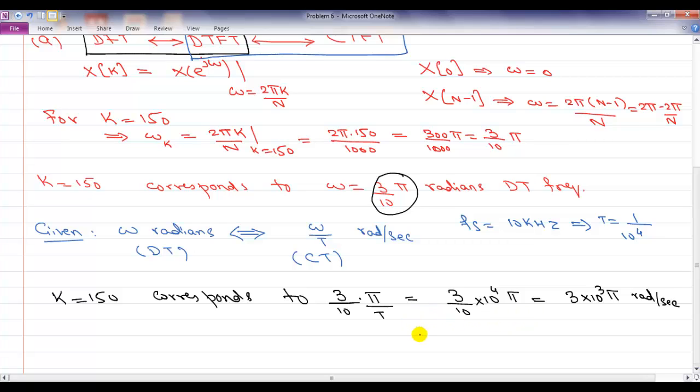Or you could say that that is equal to 1.5 kilohertz. So if you look at the 150th sample of your DFT, that is telling you something about what is happening at 1.5 kilohertz frequency in continuous time.